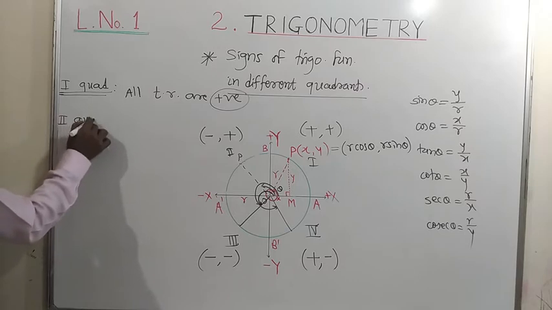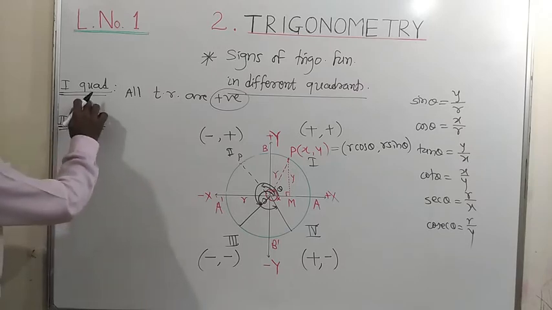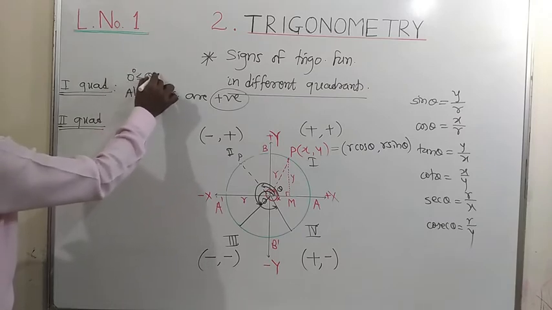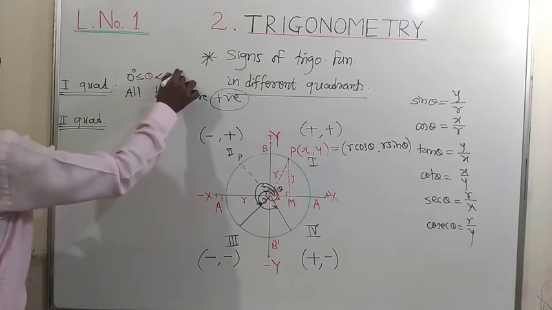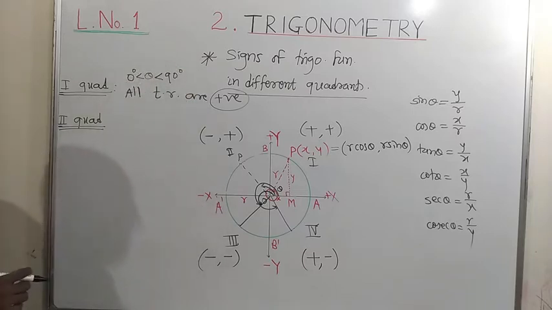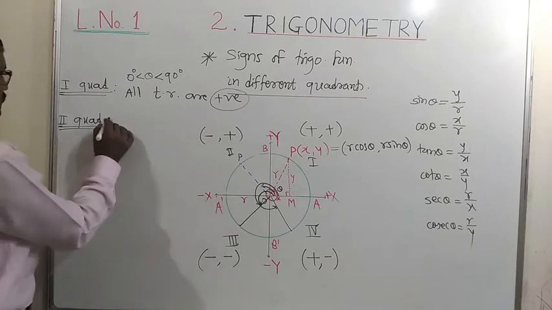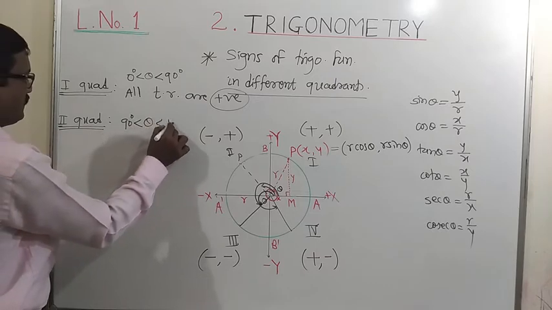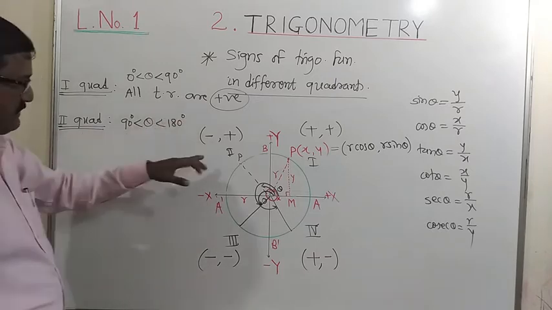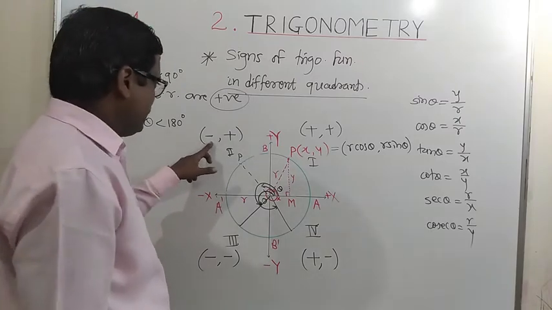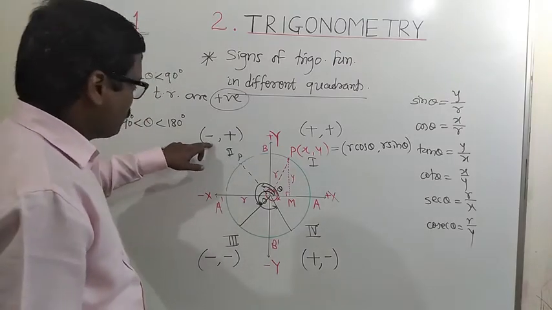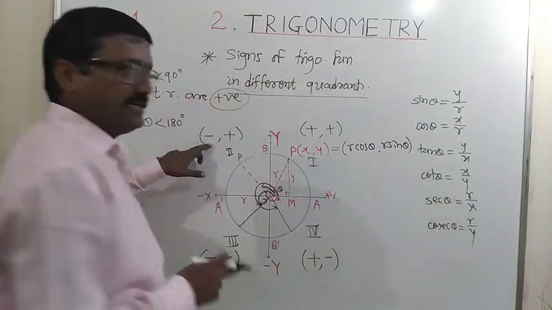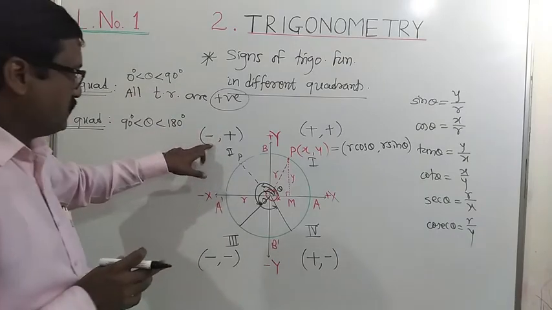In the second quadrant, the first quadrant is nothing but when theta is greater than or equal to 0 degrees but less than 90. For the second quadrant, theta is greater than 90 but less than 180 degrees. In this second quadrant, x is negative.